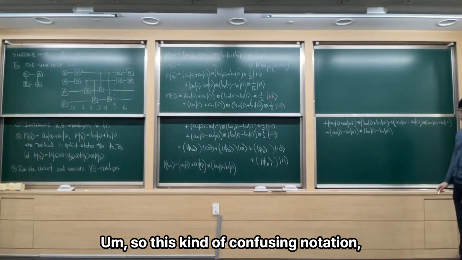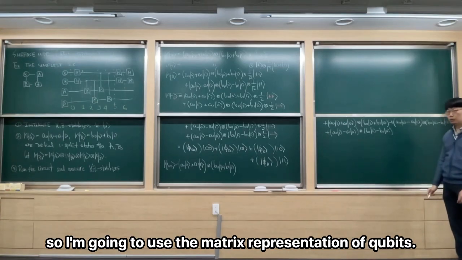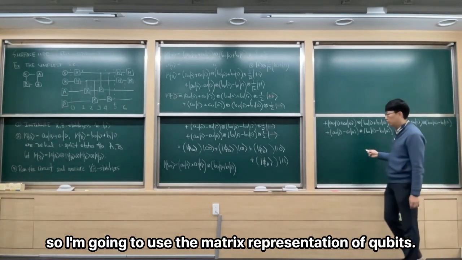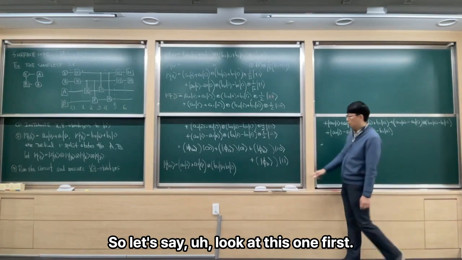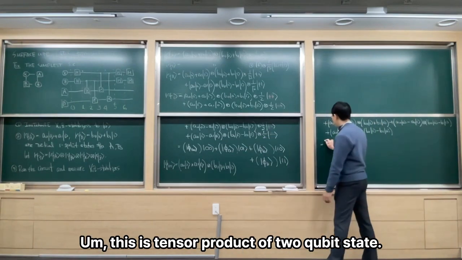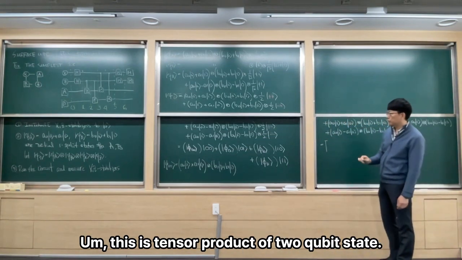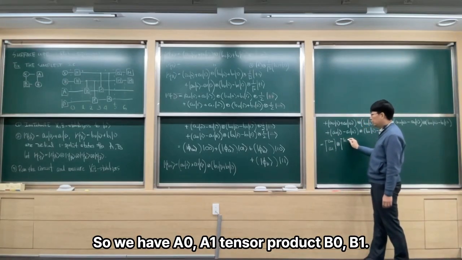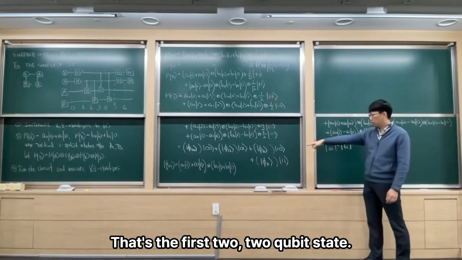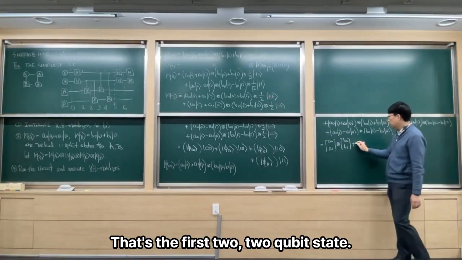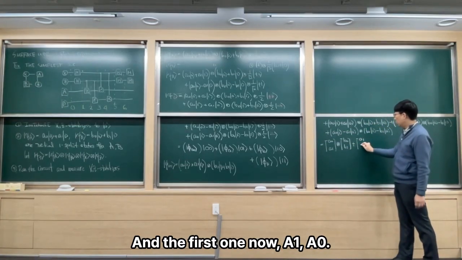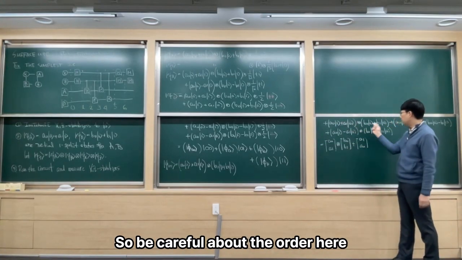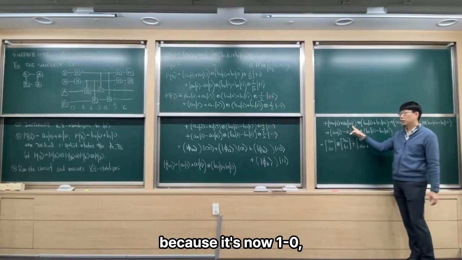So this is kind of confusing notation, so I'm going to use the matrix representation of qubits. So let's say, look at this one first. This is the tensor product of 2 qubit states. So we have A0, A1, tensor product, B0, B1. That's the first two qubit state. And the next one now, A1, A0. So be careful about the order here because it's now 1, 0, not 0, 1.